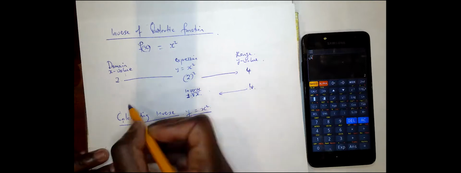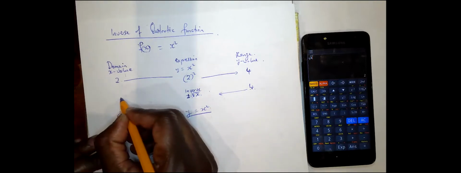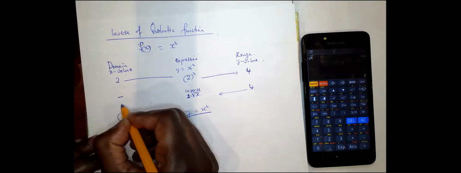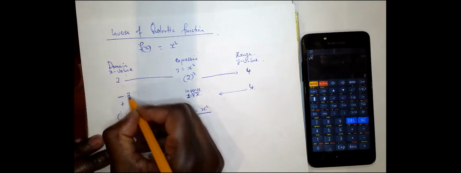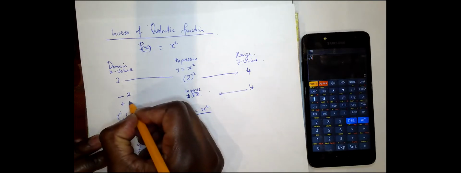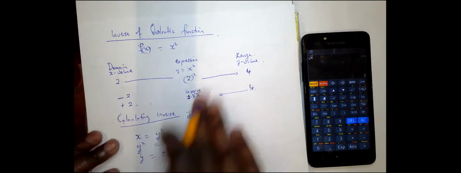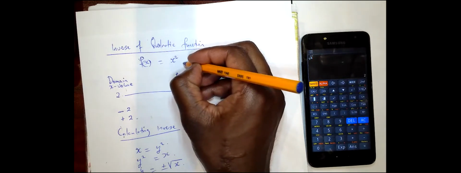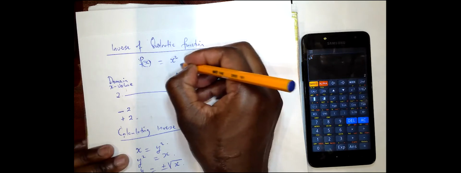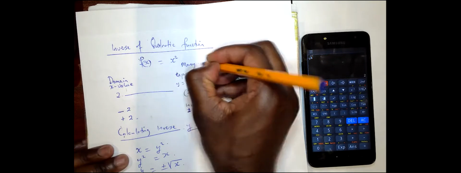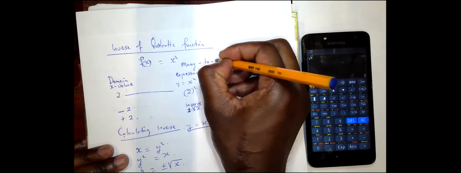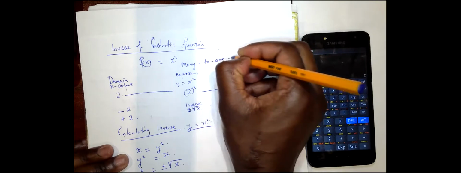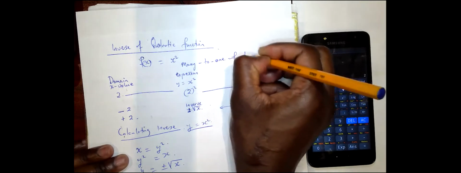Then we know it's going to be plus and minus 2. So we've got 2 and minus 2. Remember what I indicated in the first lesson on functions: this one is a many-to-one function, the quadratic function.